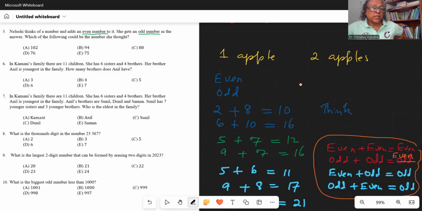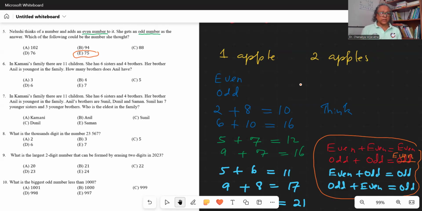All the others are even: 102, 94, 88, 76 are even. And this is the only odd number, so that has to be the answer, right? Okay, that was interesting because we were able to think about the behavior of even and odd numbers, and then we were able to find the answer.